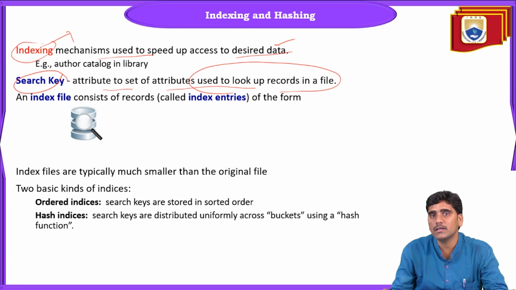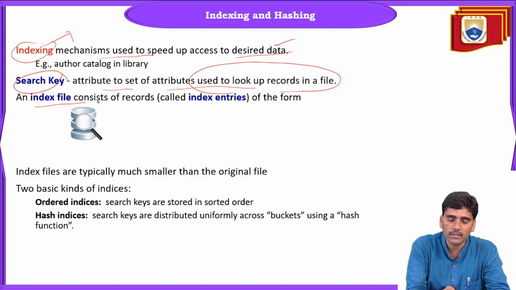So the search key searches each and every attribute in the records of the file. It always looks up the records of the file, so it finds all the related information as fast as it can.